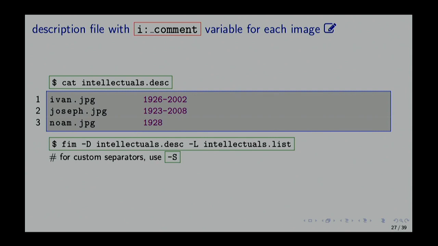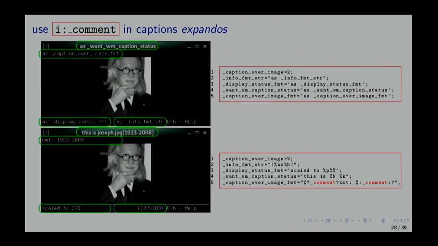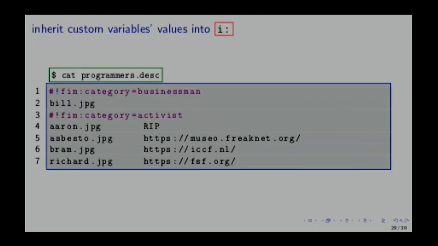In my case, I find it useful, or I like it, because FIM has a few captions in different parts of the displayed window, let's say. And there are a few variables with expando codes, so like percentage and something. So you can customize them. You can view, I don't know, the comment, the description, which I said before, or other information. So you can customize it a bit the way you want it.